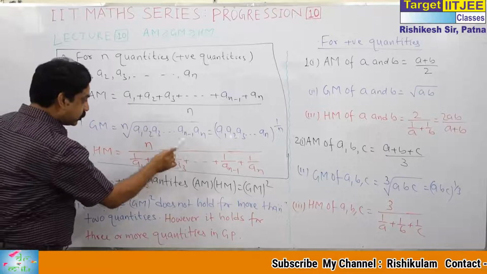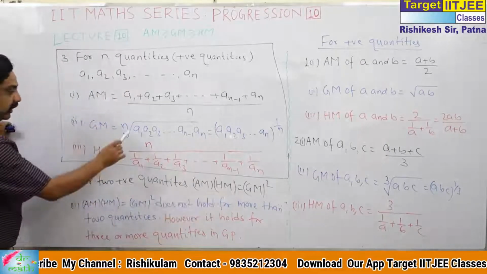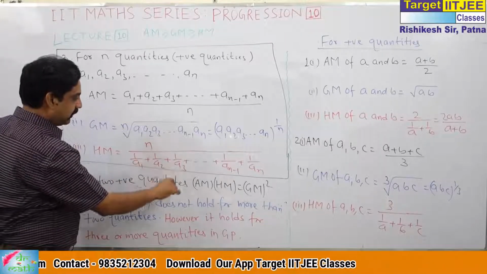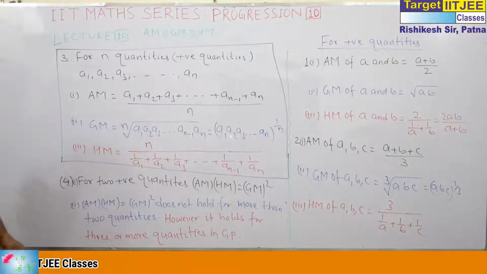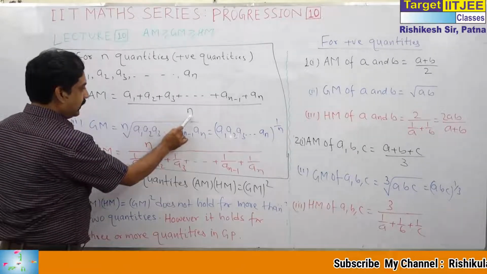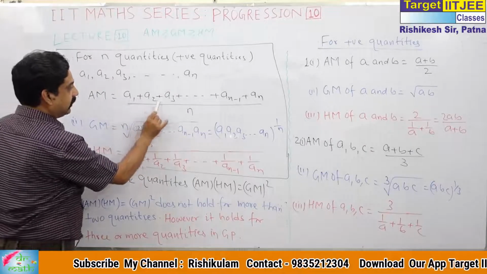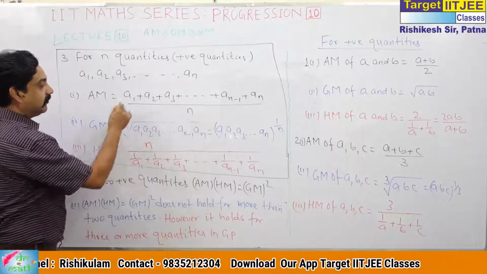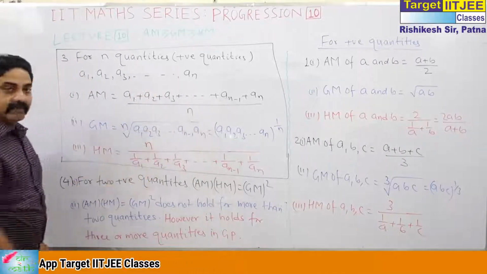Geometric mean is the nth root of a1 into a2 into a3 up to an, and harmonic mean is n by (1 by a1 plus 1 by a2 plus 1 by a3 up to plus 1 by an). For 2 quantities we divide by 2, for 3 we divide by 3, for 4 by 4, and for 5 we take a1 plus a2 plus a3 plus a4 plus a5 divided by 5.